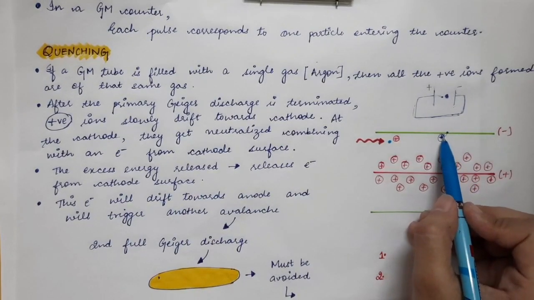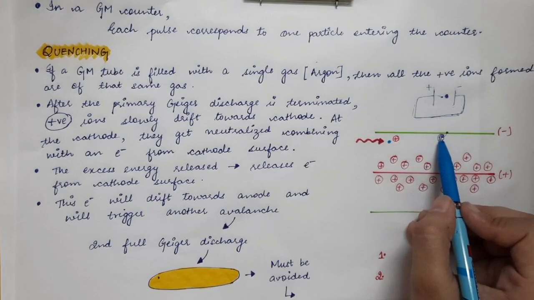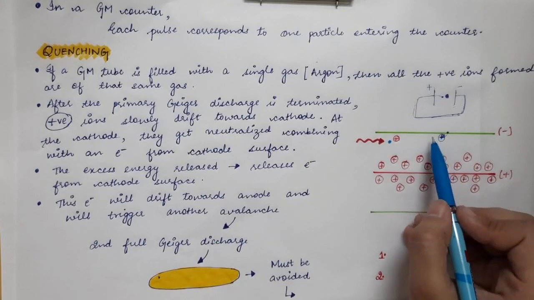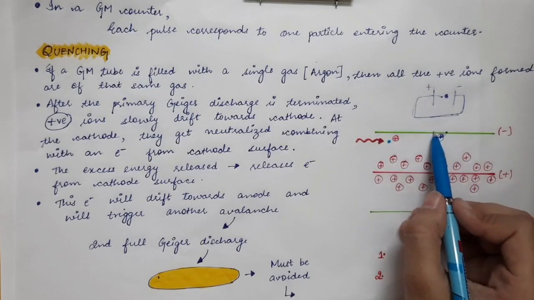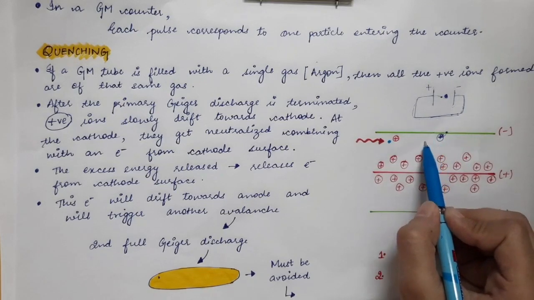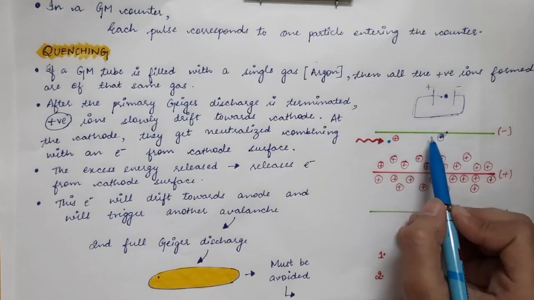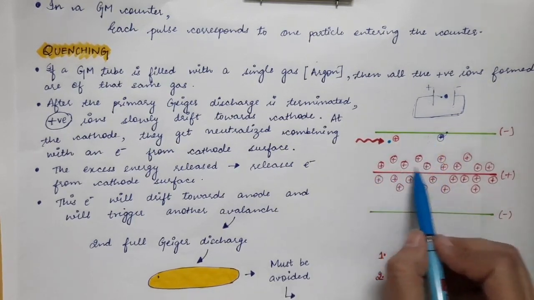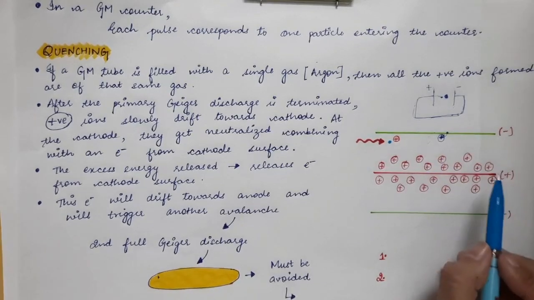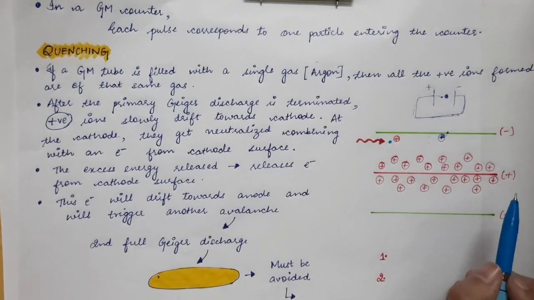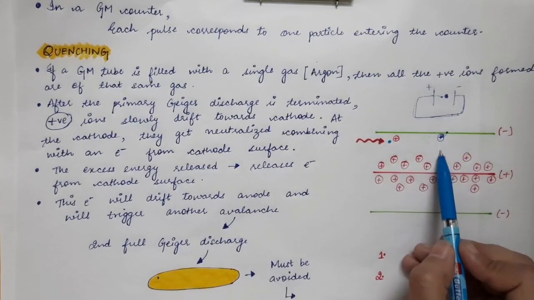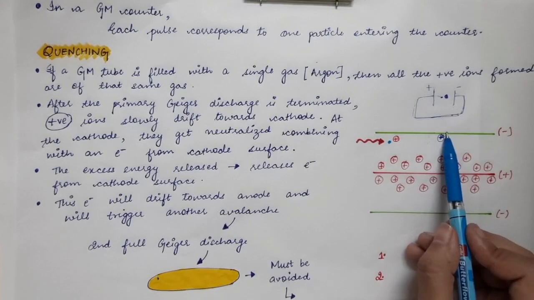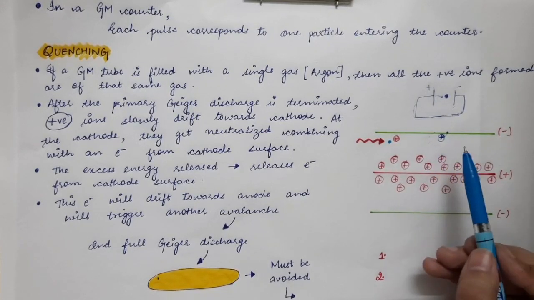When the positive ions collide with the cathode wall with a certain energy, some electrons could be released, and when these electrons are released in the GM tube, they can cause a further avalanche, and hence you can get another pulse in the circuit.